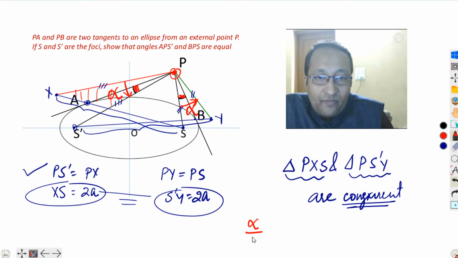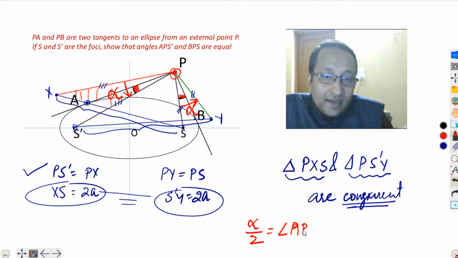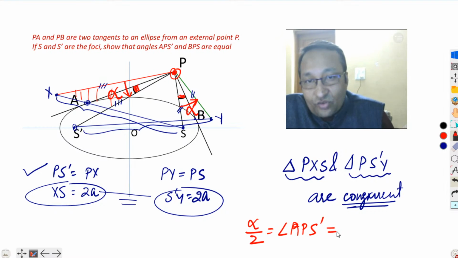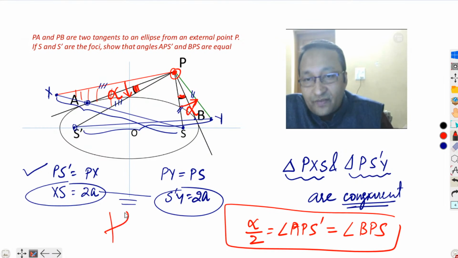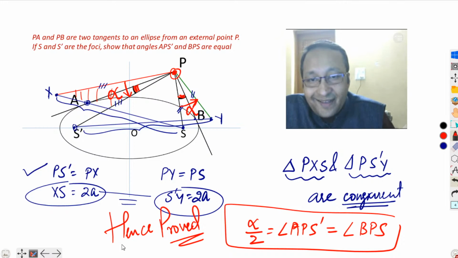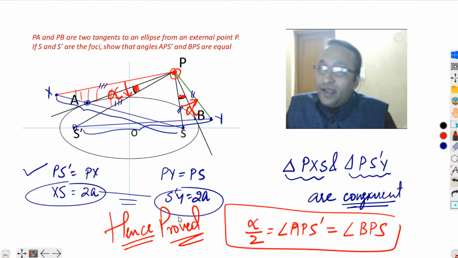So angle alpha by 2 is angle APS', and so is angle BPS. Hence proved. We have not used any Cartesian coordinate working at all at any stage.